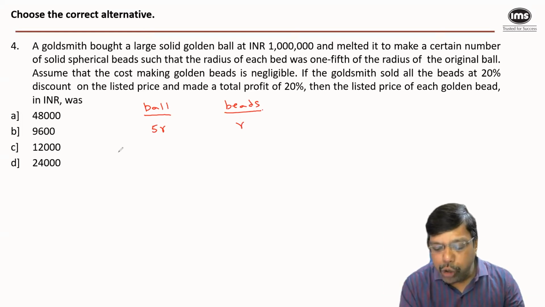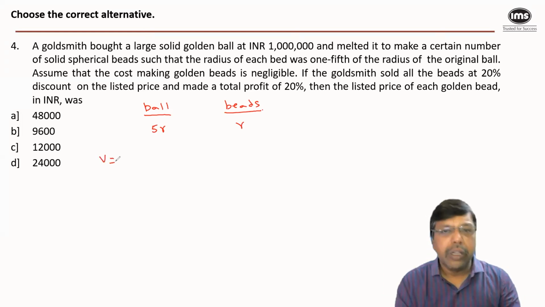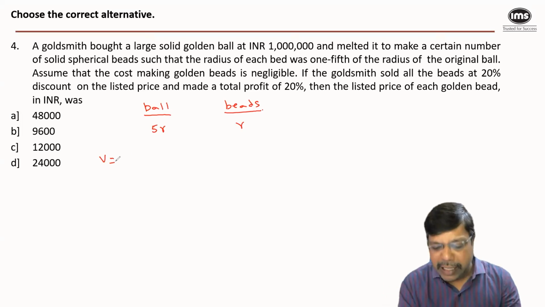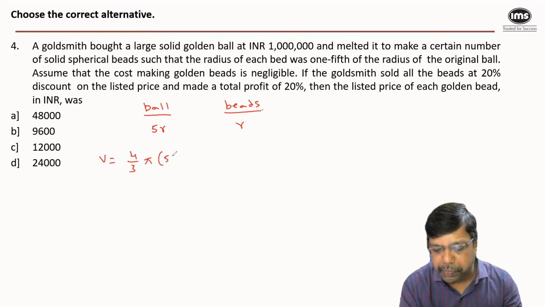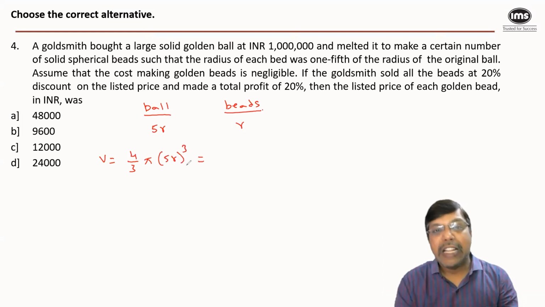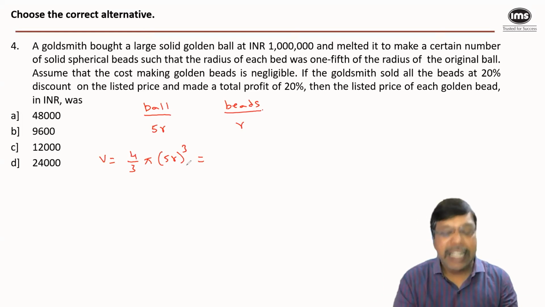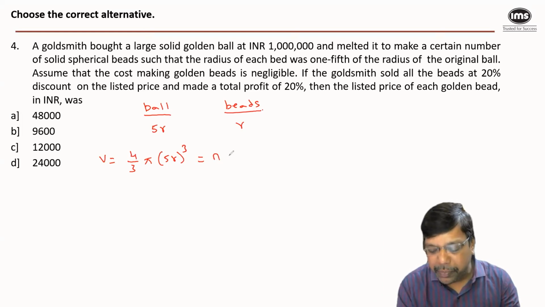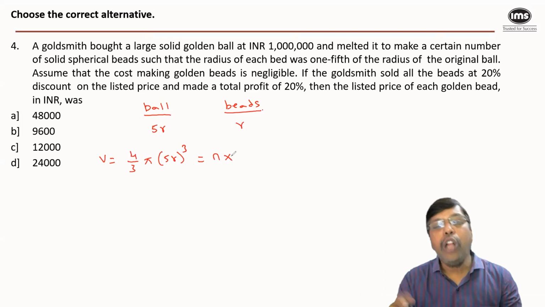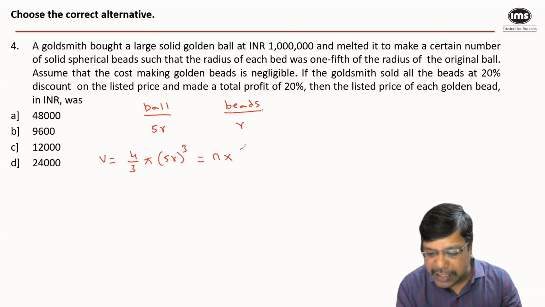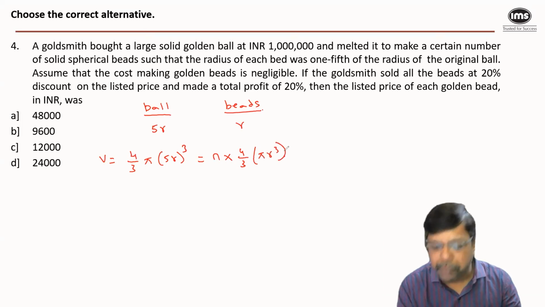Now, the volume of a sphere is 4/3 pi r cube. The volume of the ball must be equal to the number of beads, let us say n, into the volume of each bead, which is again 4/3 pi r cube.